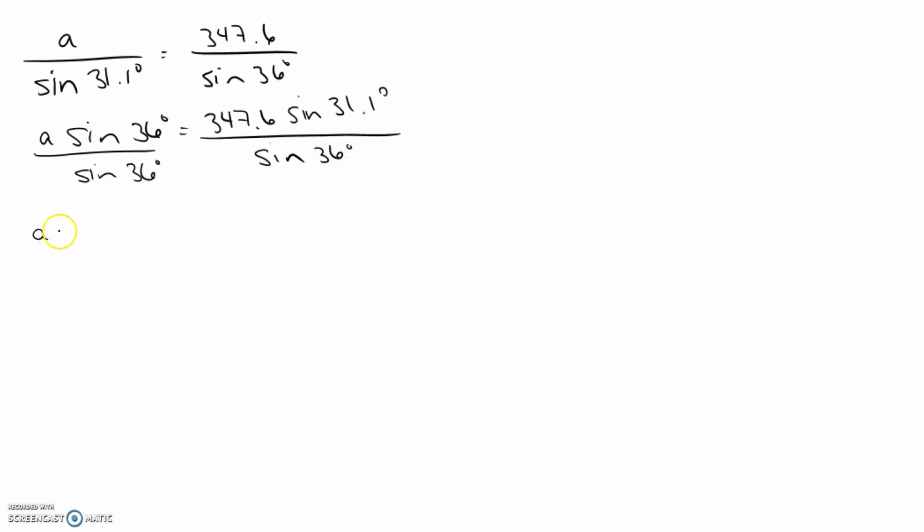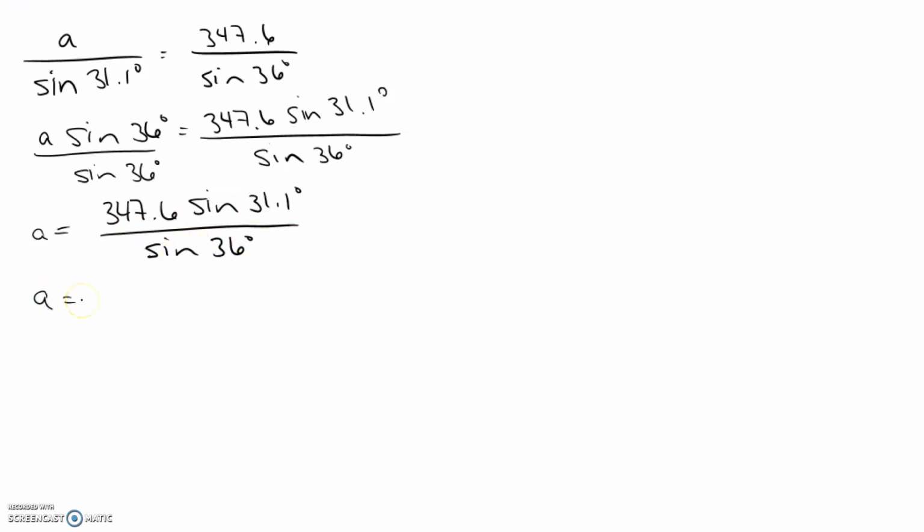So A is equal to 347.6 times sine of 31.1 all over sine of 36. Okay, when you plug this into your calculator, you should get 305.5, and they were using feet. And then I'll do the same thing for solving for C.